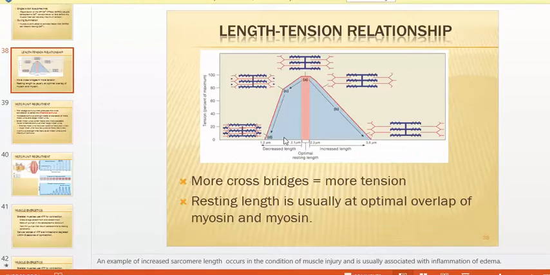Over here you have some cross bridging, but because of this there's too much of an overlap, so this is not an effective overlap. And over here, this is too far away.